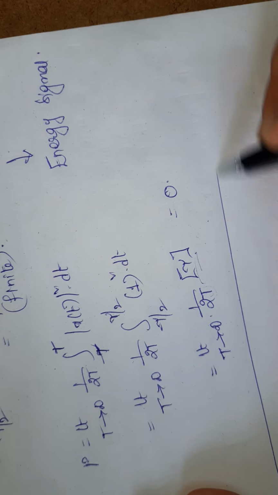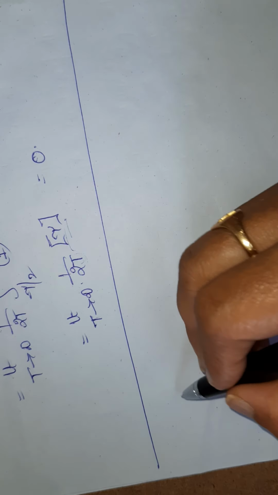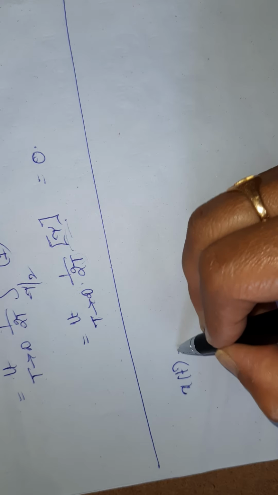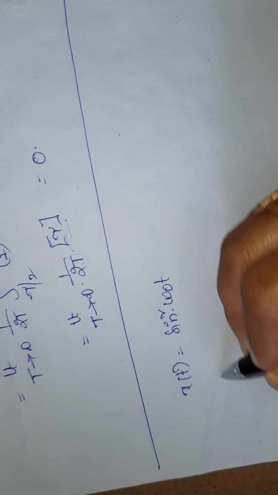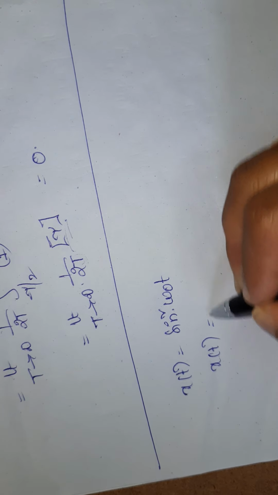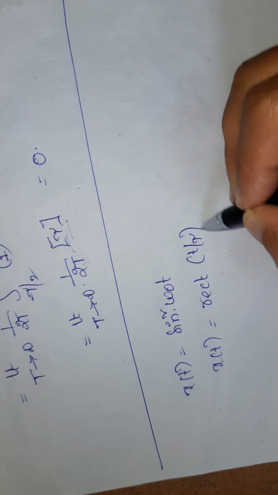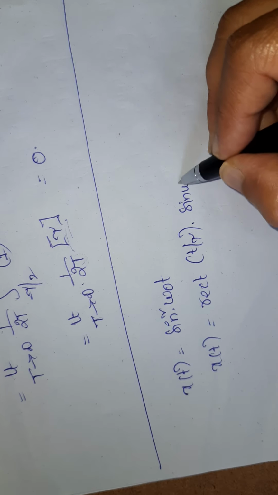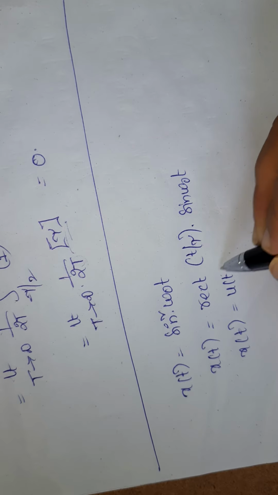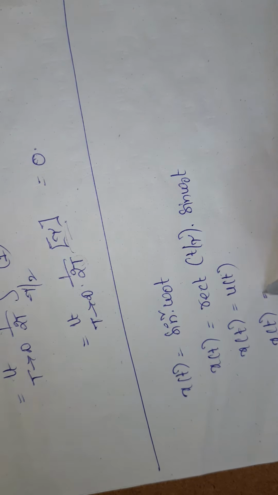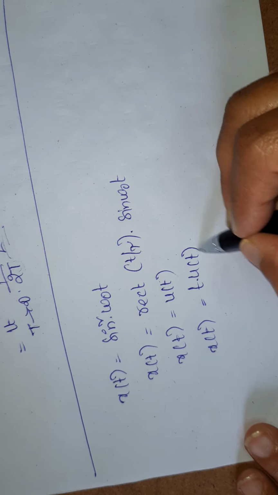Okay, so just try these problems at your home. You have to continuously do the problems, then only you will get the clarity. Sine square omega naught t, x of t is equal to rectangular t by tau into sine omega naught t, x of t is equal to u of t, x of t is equal to t into u of t.